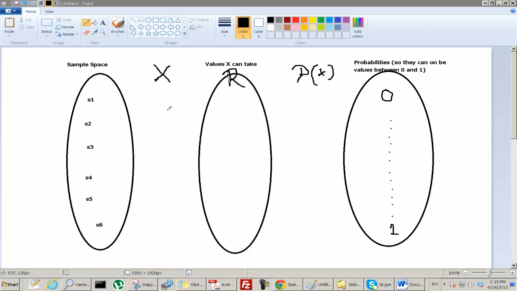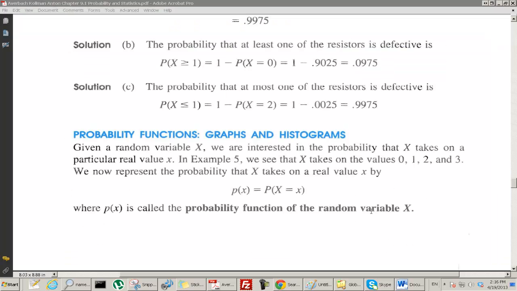So we can view it as two functions. First we use x to go from the sample space to R, and now we're using p to go from R to all the numbers between 0 and 1. So anyway, little p of x is called the probability function of the random variable x.